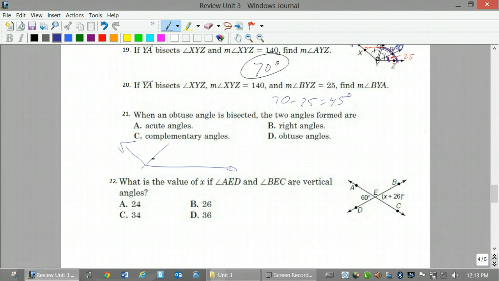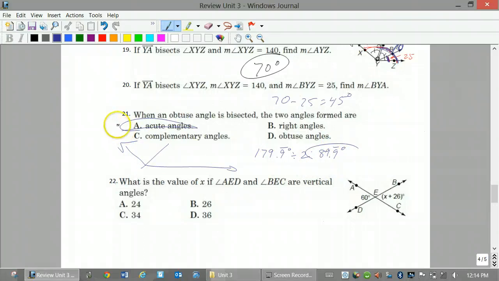So let's say the largest obtuse angle is 179.9 repeating degrees. Divided by 2 to represent that it's bisected, that's going to be 89.9 repeating degrees. That means they're always going to be acute.